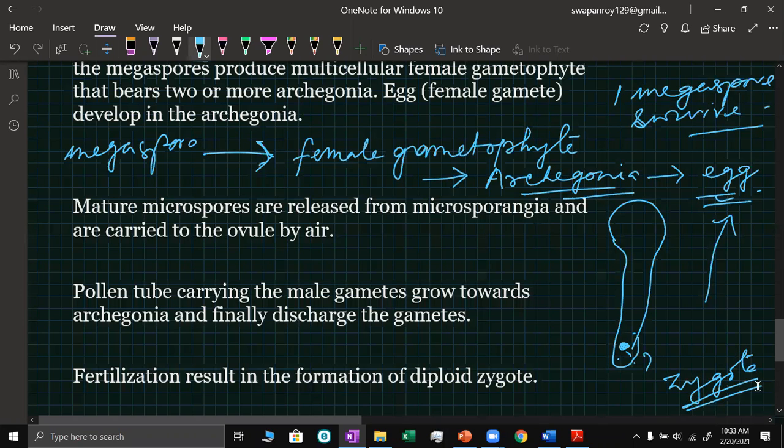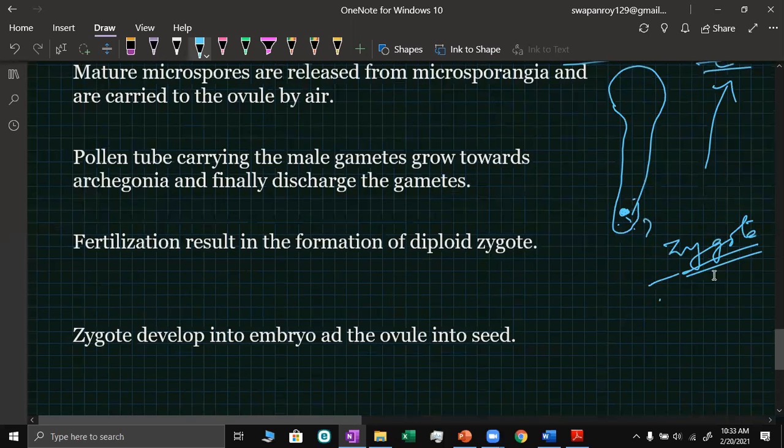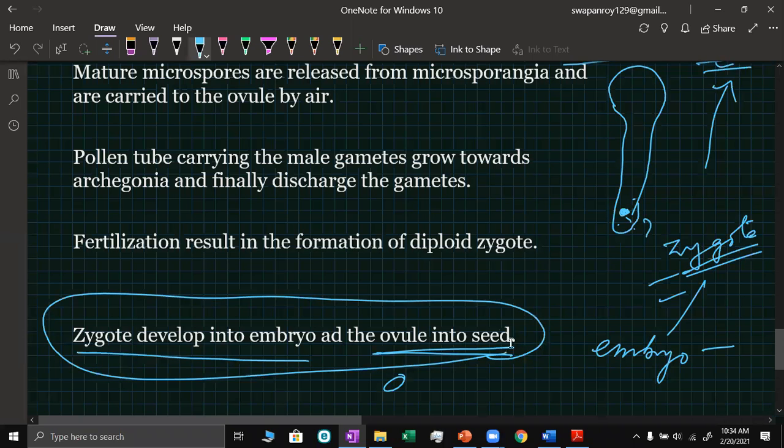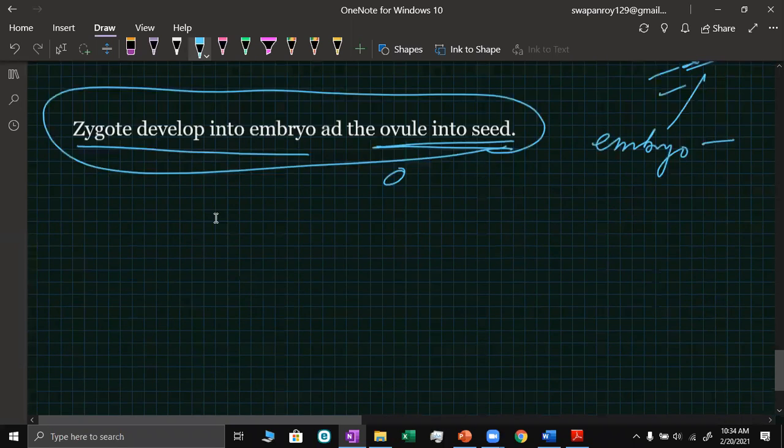This zygote is diploid, the sporophytic generation, and it develops into an embryo, and the ovule forms the seed. The seed germinates.